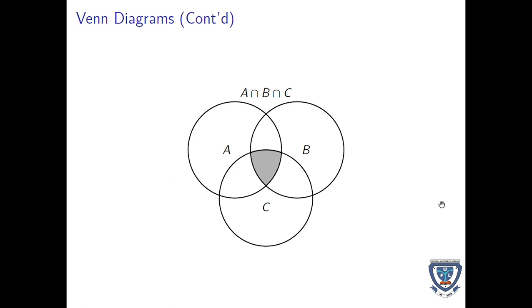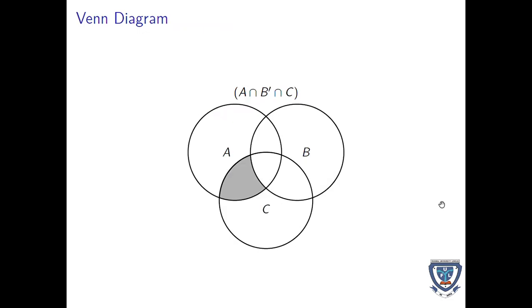This is how we shade A intersection B intersection C. This is how we shade the union of A, B, and C. This is how we shade A intersection B complement intersection C. This is how we shade A complement intersection B complement intersection C.